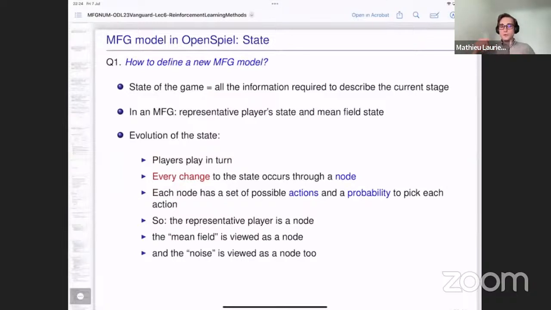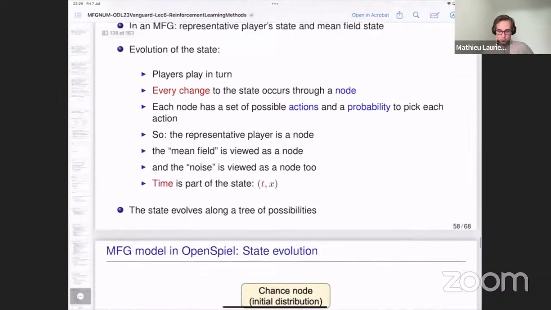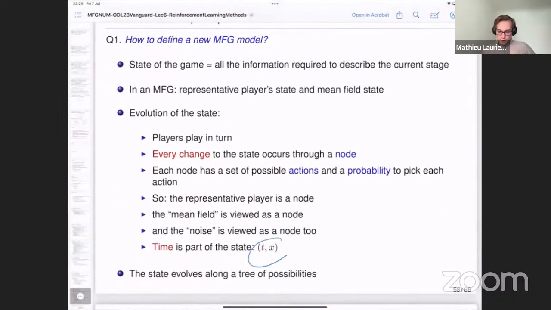And when the noise acts on the dynamics, noise perturbs the dynamics, it's also a node. So in some sense, the noise is like a player acting on the dynamics, but it's not optimizing any policy. It's not an adversarial noise. It's just the noise in the dynamics. Time is part of the state, so that's something to keep in mind. Somehow the state is t and x.